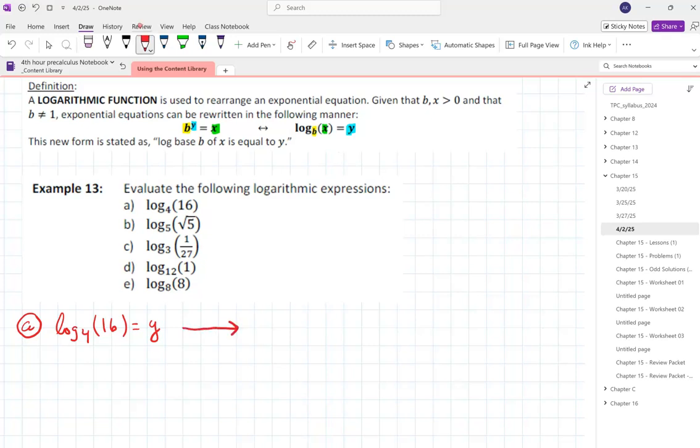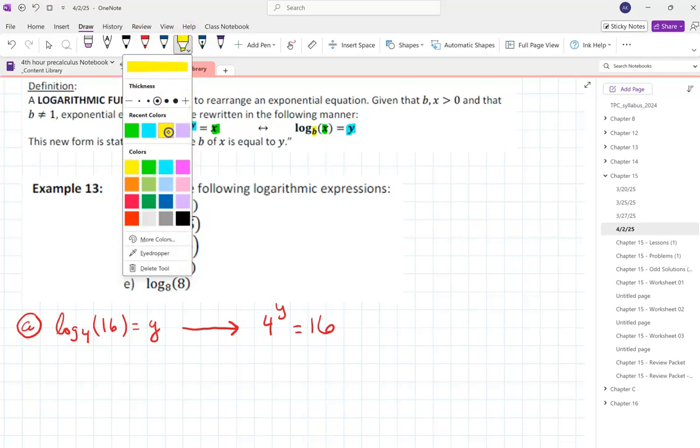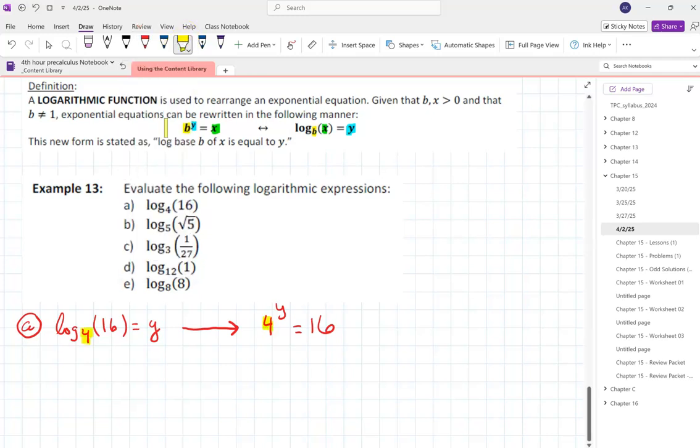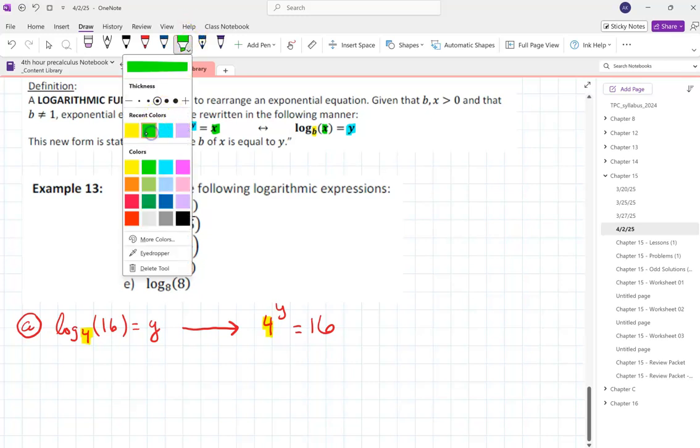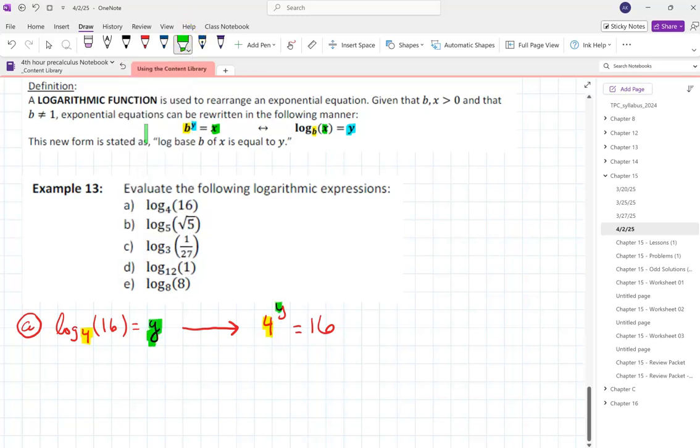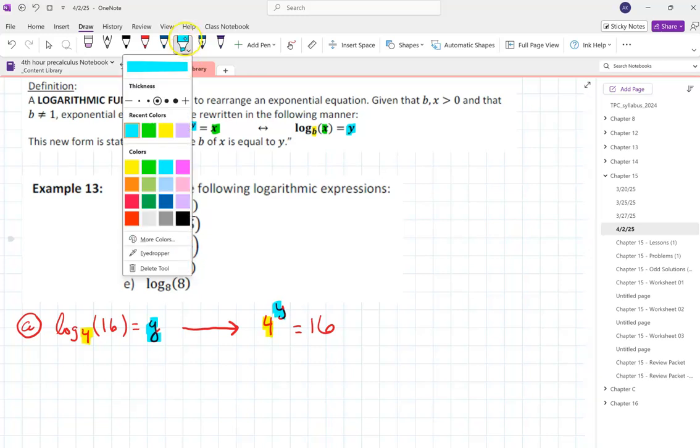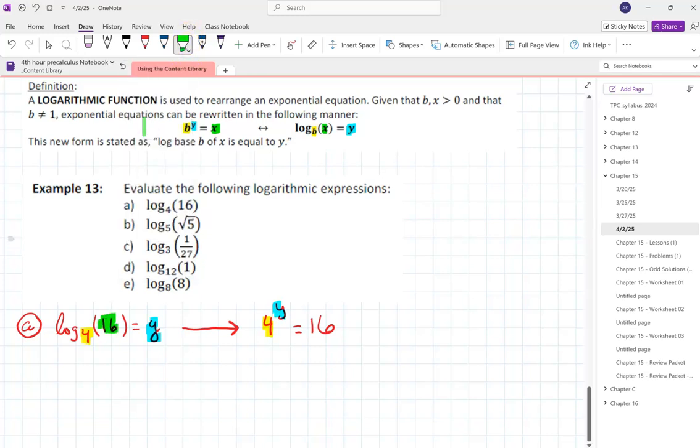So I can use my definition of a logarithm to rewrite this as 4 to the y is equal to 16. So again, the base of my logarithm is the base of my exponential. The solution to my logarithmic equation is the exponent in the exponential. And the argument of my logarithm is the solution to my exponential. Is everybody okay with how the numbers are moving around there?